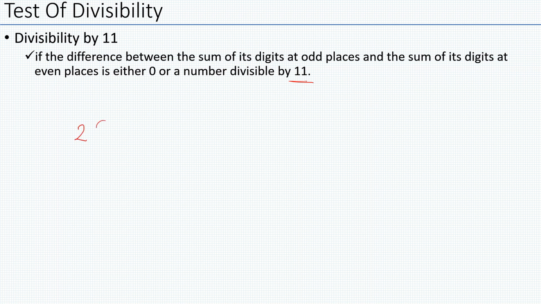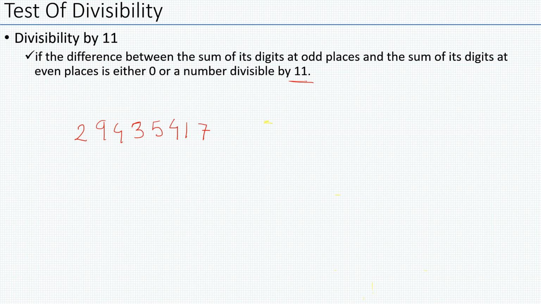I should take a long example. So let's take 29435417. Now you have to identify odd places and even places. So let's first take all the odd places. Let's start with the unit digit.